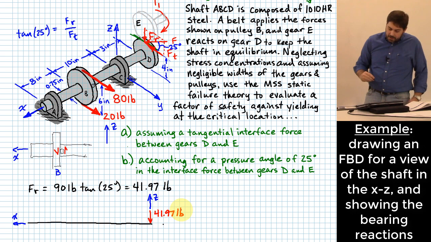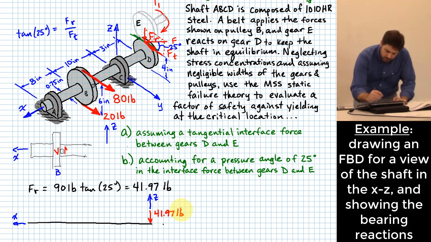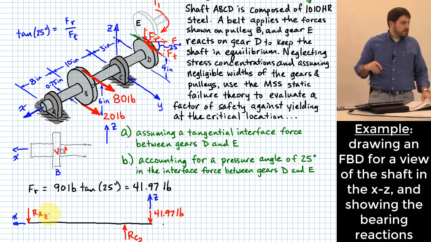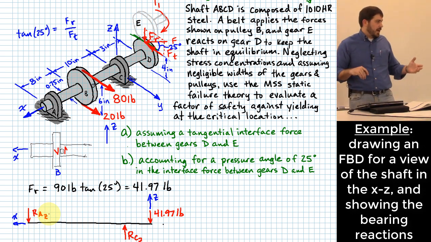Okay? Where else can I have reactions? If I draw those in the correct directions at A and C, let me call this one RCZ, and I'll put this one downward like this, RAZ. Now, I could, if you wanted me to, sum some moments and figure out what those reactions are.